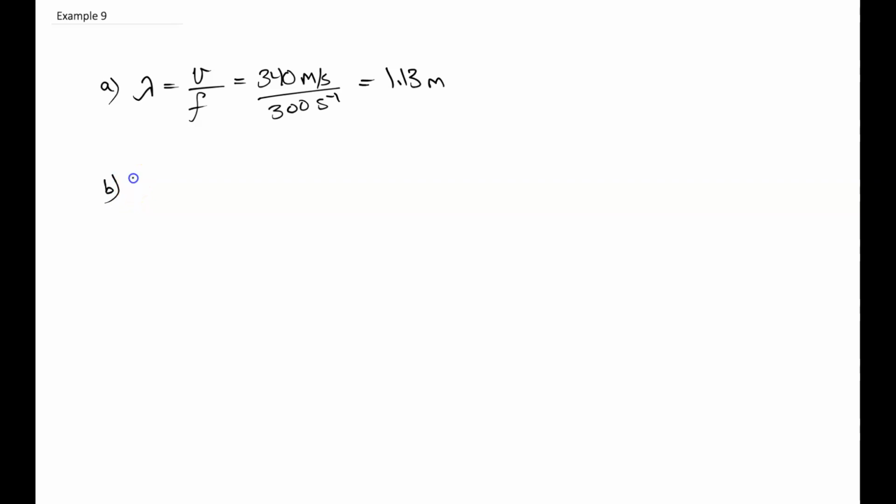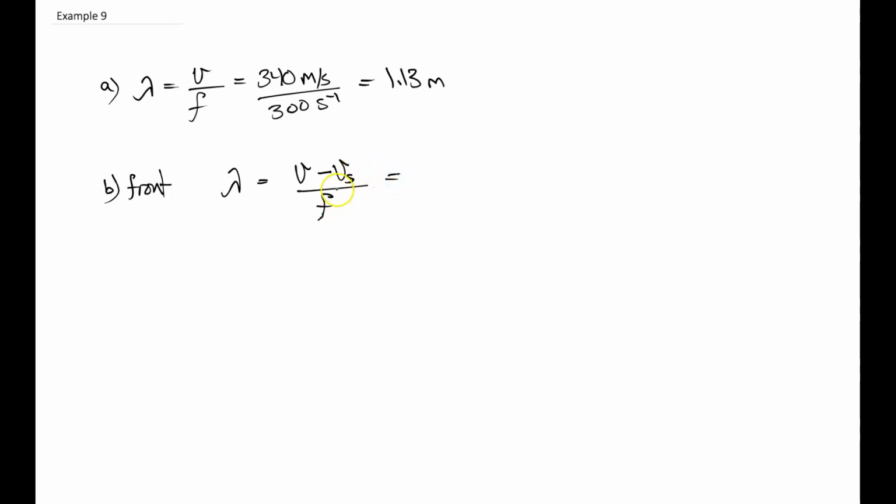If the siren is in front, then the wavelength is given by the velocity of sound minus the speed of the siren over the frequency of the siren.